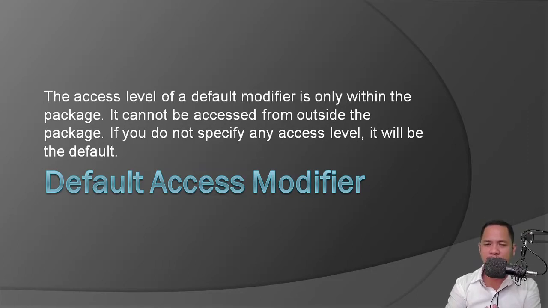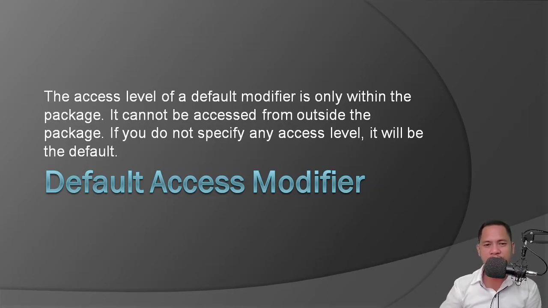And when a class member has a default access modifier, its access level is within the package. As I showed you earlier, classes will be inside of a package. So when you do not provide an access modifier to a class member, that member is accessible by any other classes within the same package.